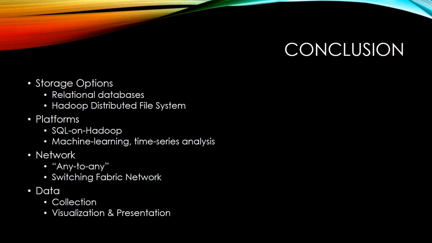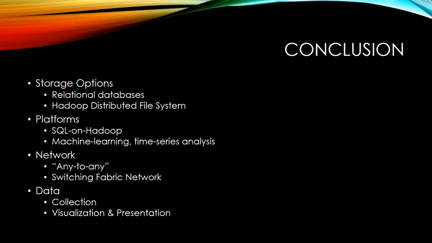They need to consider which type of platform they want to use, whether that's something really basic and SQL oriented or something more complex like machine learning or time series analysis. They need to consider the network setup that they have, whether that be something like an any-to-any network or a switching fabric network. It just depends on which platform you're using as to what network is most suitable for you.